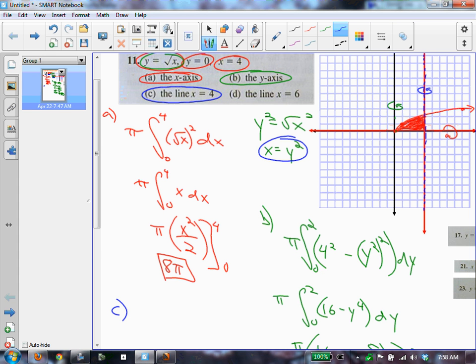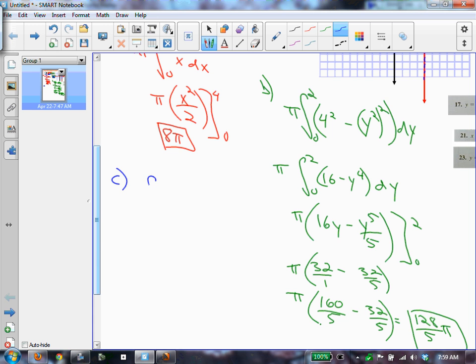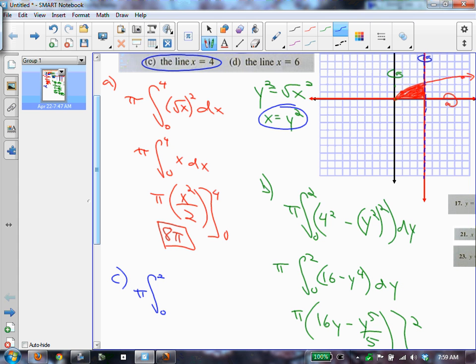Is this going to be a disk method or a washer method, even though it's shifted off of its axis? Am I going to have a gap in the middle? No. But if you want to think of everything in terms of washer method, you can. So I'm going to have 4s in my problem, I'm still going to have the pi out here, and I'm still going from 0 to 2 because it's the y one.